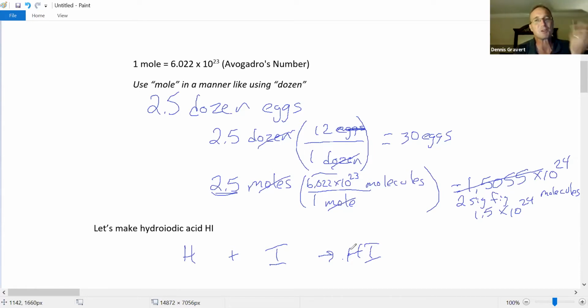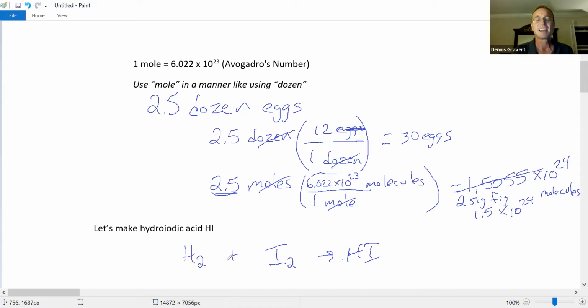But if you were to go to a chemical supply warehouse and buy some hydrogen atoms, they're sold prepackaged as hydrogen gas. Or in other words, hydrogen atoms don't exist all by themselves. They're too reactive. They pair up naturally. Same is true with iodine. And that's very common for the nonmetals. They typically pair up and form diatomic molecules.